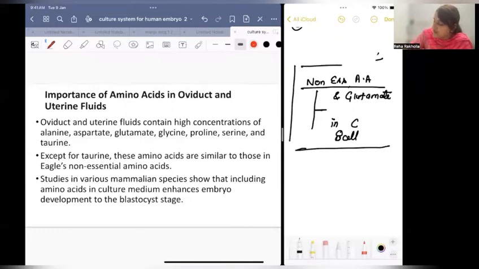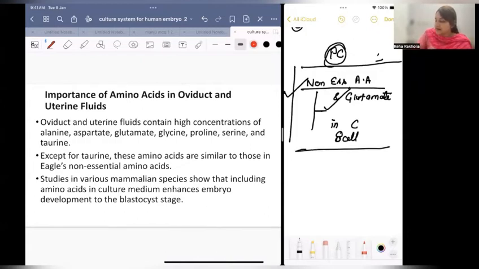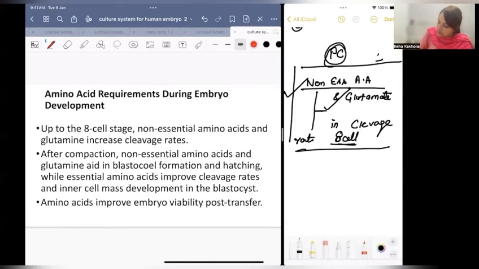We are talking about pre-compaction here. Non-essential amino acids and glutamate increase the cleavage rate up to 8 cells.